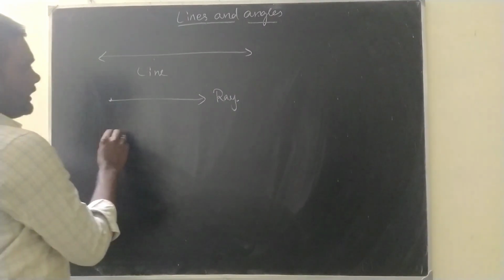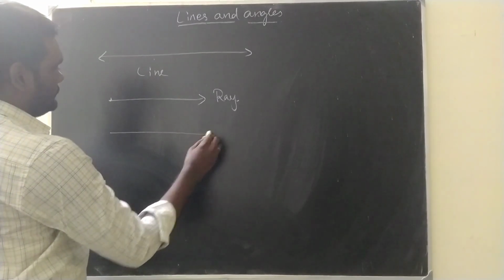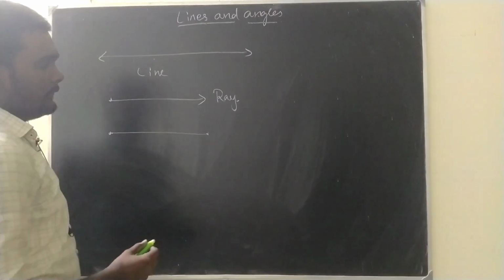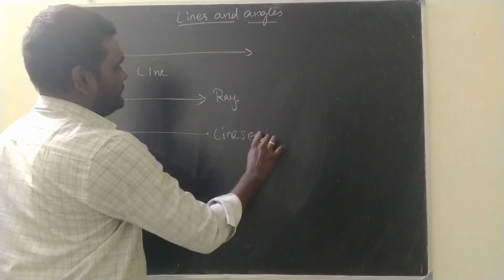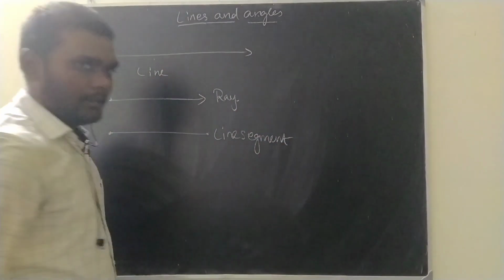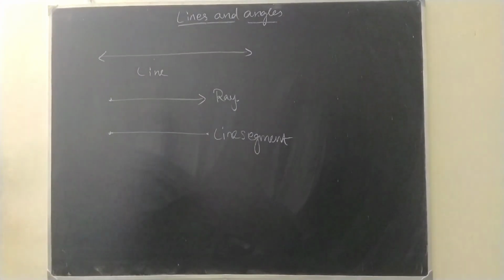Suppose in both directions we cut the line, then in that case it is called a line segment.